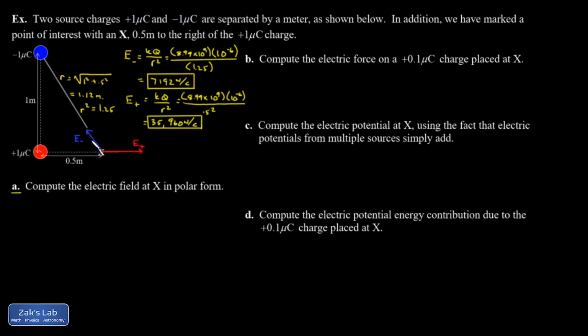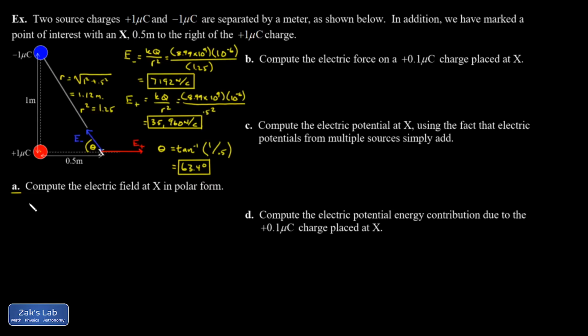Okay, next I'm going to work on breaking E minus into vertical and horizontal components. So I need that angle theta. And I'll go ahead and put that here since space is so limited in this problem. Theta is the angle whose tangent is 1 meter over 0.5 meters. And when I run the numbers on this, I get 63.4 degrees.